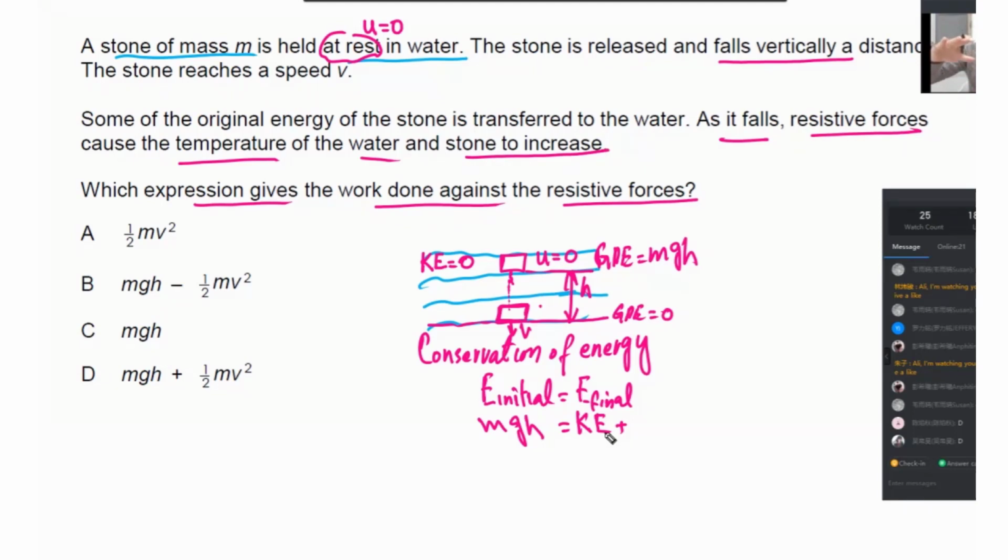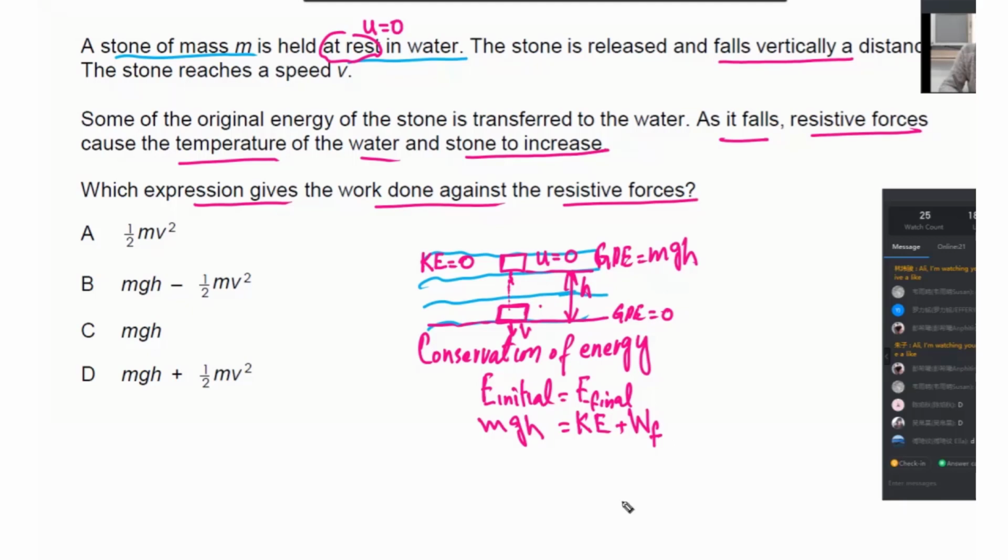When the stone is hitting water particles, stone does work against water particles. Stone applies force on water particles, water particles apply force on stone. So when stone hits water particles, the speed of water particles increases. It means water particles gain energy. So we can write down there is a work done against friction.